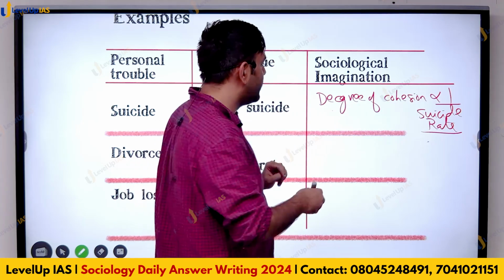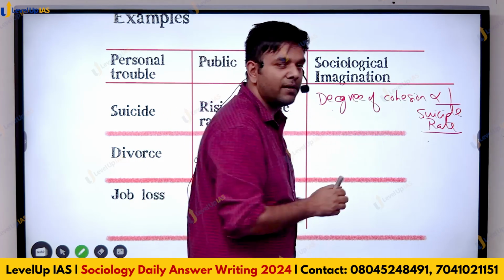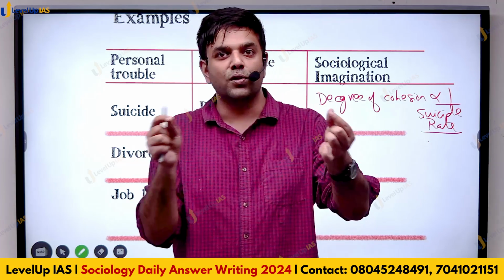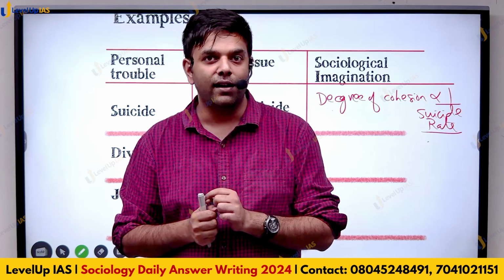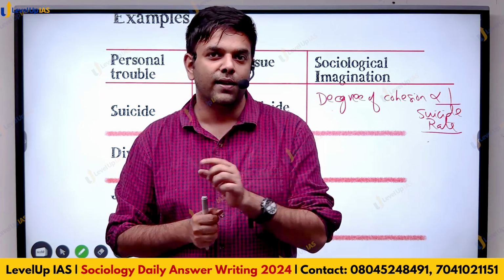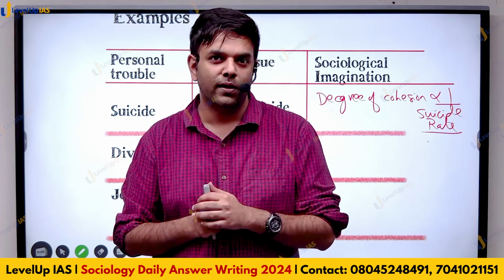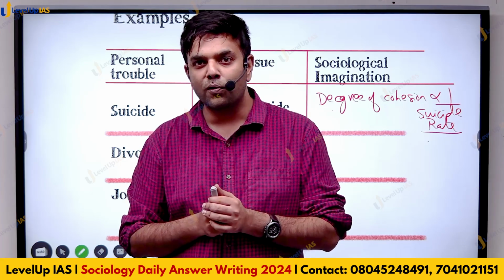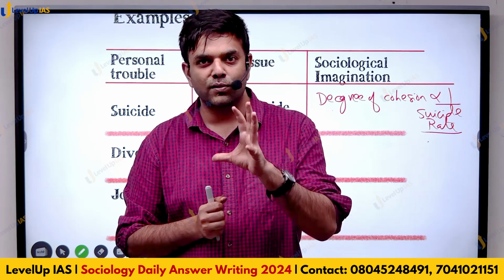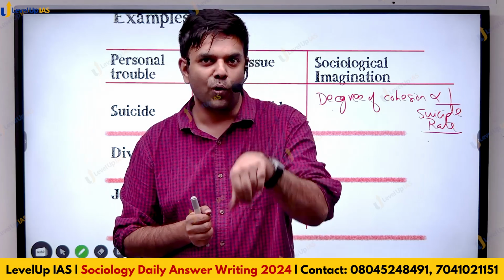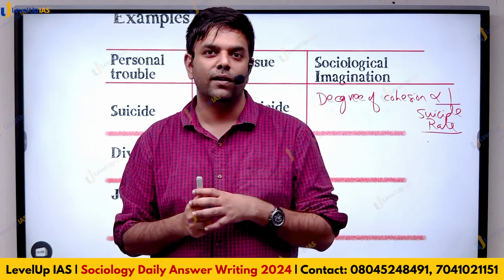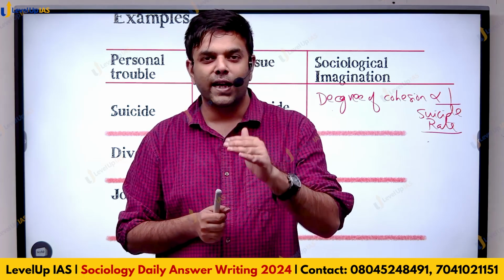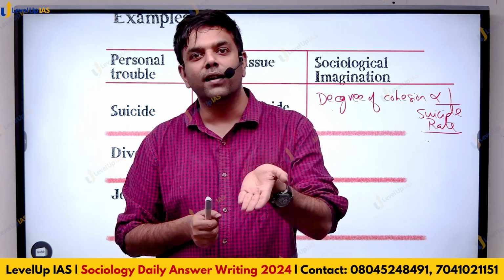He also said degree of cohesion varies across social groups. That means your suicide rate also depends on the group that you belong to. If you belong to the group of married people, suicidal tendency would be lower. If you belong to the group of bachelors, suicide rate tendency would be higher.